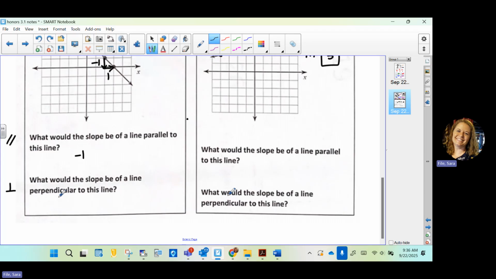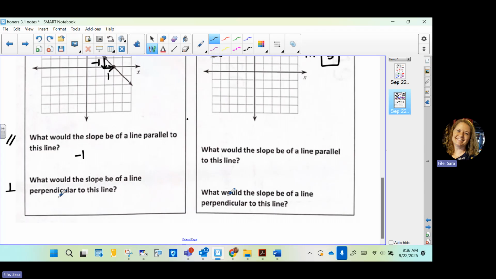Opposite is part of it. And what? Opposite means switch the symbol. So positive or negative, that's the opposite part. What else do you do besides switch the sign? You flip the fraction. Does anybody remember what that's called? Starts with an R. Reciprocal. Opposite reciprocal. We're going to talk more about that in our next set of notes.